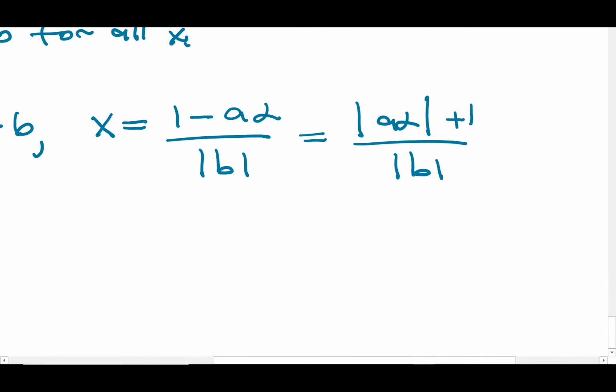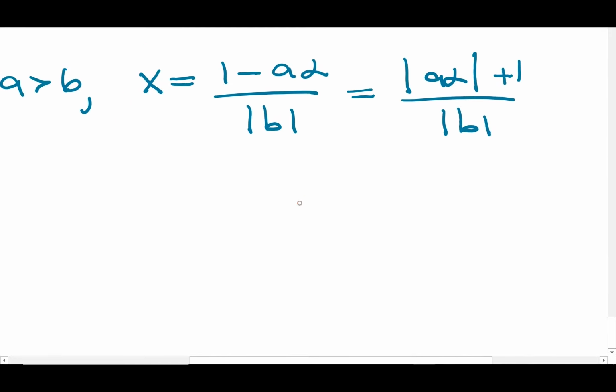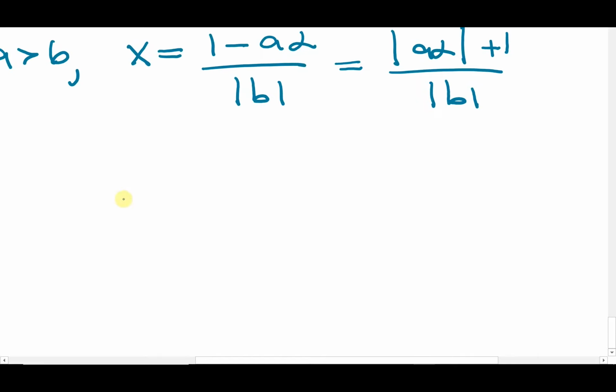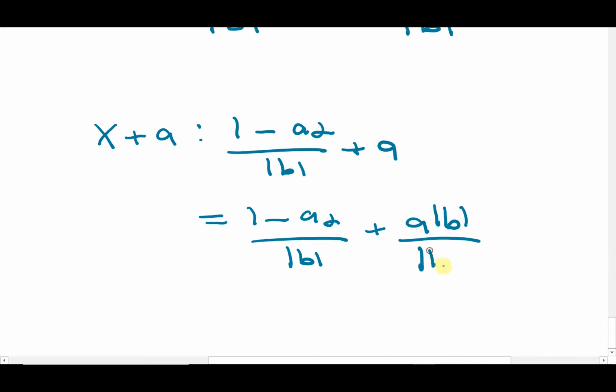But now what we notice is, what if we take x plus a? So x plus a is going to be 1 minus A alpha over absolute value b plus a. Now we cross multiply, so you get 1 minus A alpha over absolute value b plus A absolute value b over absolute value b. We're just continuing to add a.